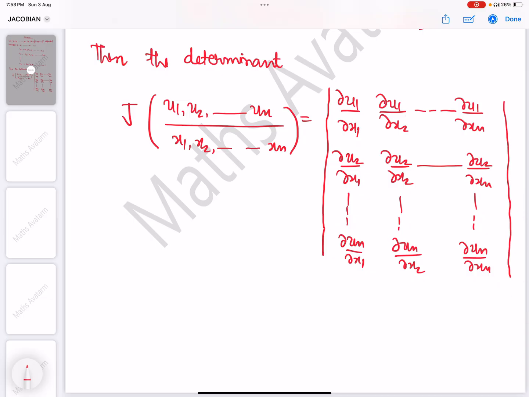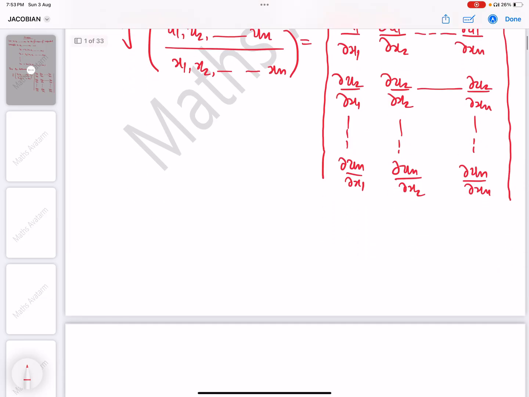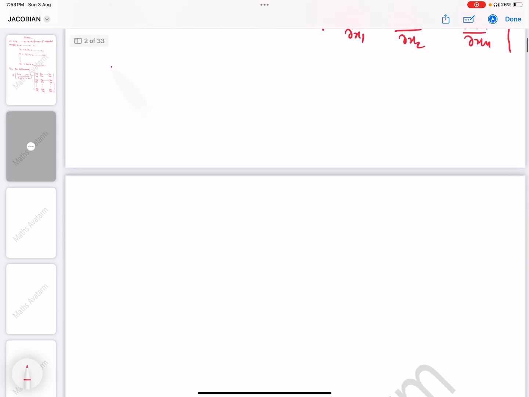Okay, then this determinant is called Jacobian.